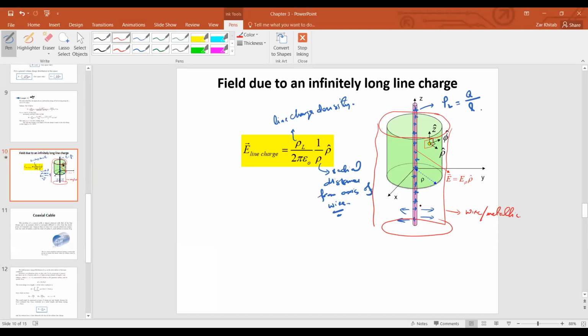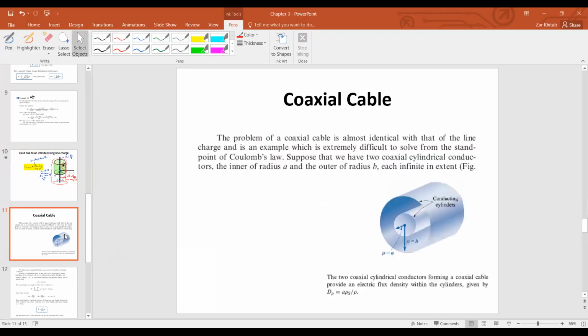Then this electric field which is going out will end on this outer sheet, and the strength of this electric field will be E equals rho L divided by 2 pi epsilon naught rho, in the direction rho. So this is a vector quantity, and this field will end on the outer wire, and this new structure is now called a coaxial cable.